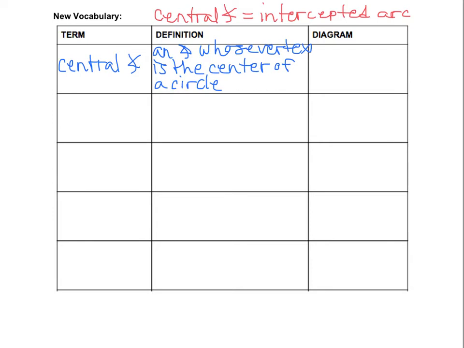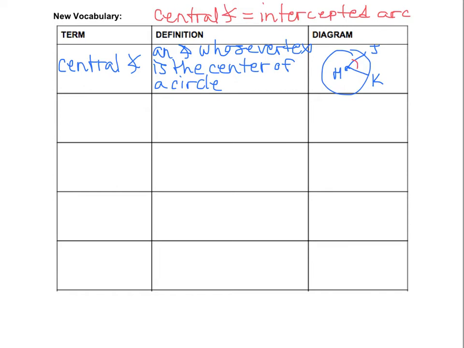So now we have a diagram that can go with this. We have our center, and we've got our angle here. We'll call that JHK, let's say. Then this angle right here is the one that's known as the central angle.